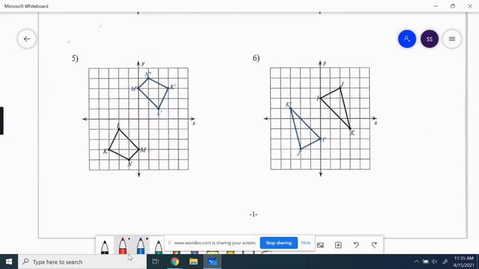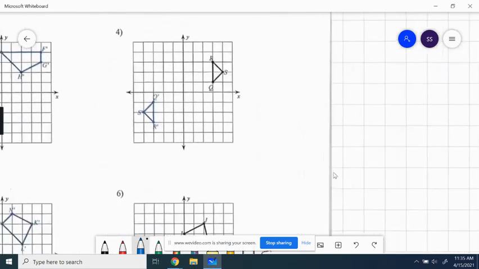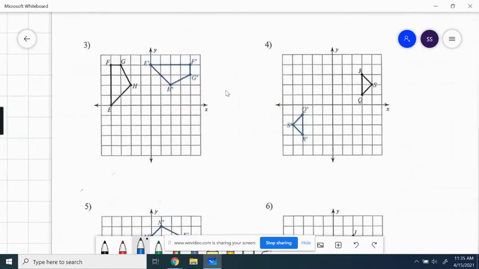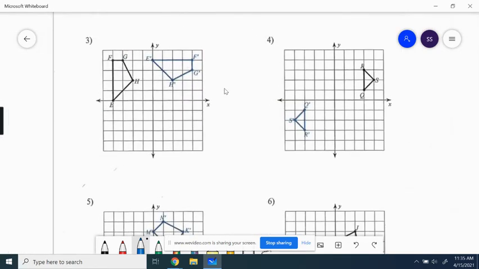Maybe I'll do one more with a little less going on. Let's do number 3. So let's look at one of our points of the pre-image and look at how it can go to the image.